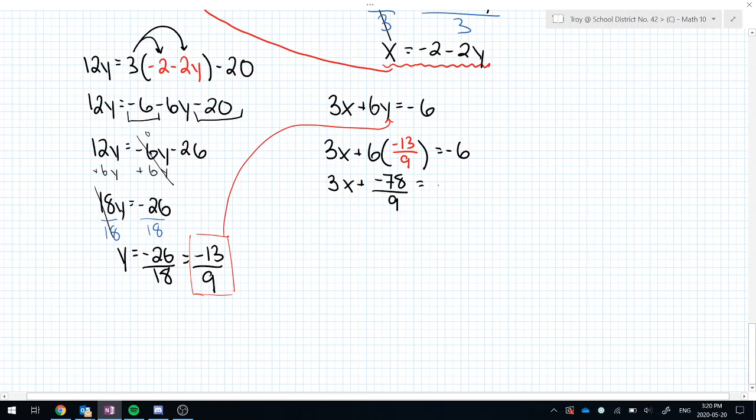Yeah, it does. But I'll do that in a minute. Actually, no, we can do that now. So I believe I can divide both of those by 3. So if I do 78 divided by 3, I get 26. So that's negative 26, and 9 divided by 3 is 3, so we can reduce that.